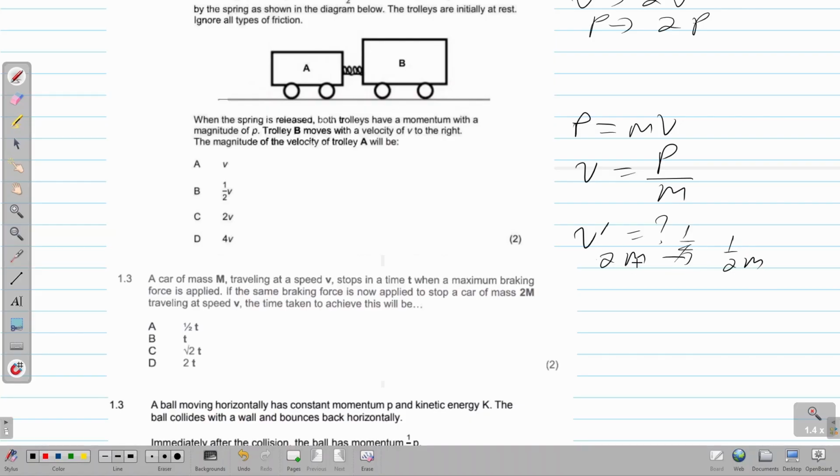This is the mass of trolley B, and this is the mass of trolley A. So the mass of trolley A is a quarter of the mass of trolley B, and velocity is inversely proportional to the mass. So V prime, for constant P, if you reduce the mass by a quarter, then the velocity will be 4 times as much. So the answer is D there as well.